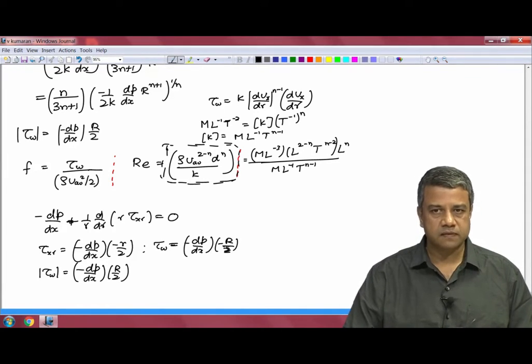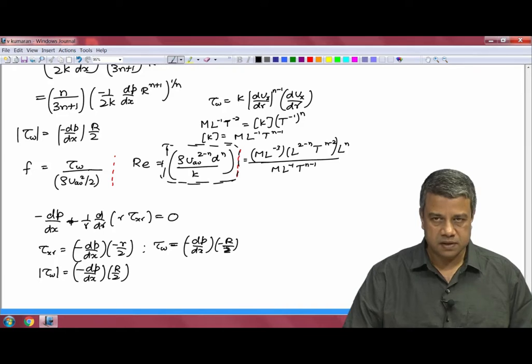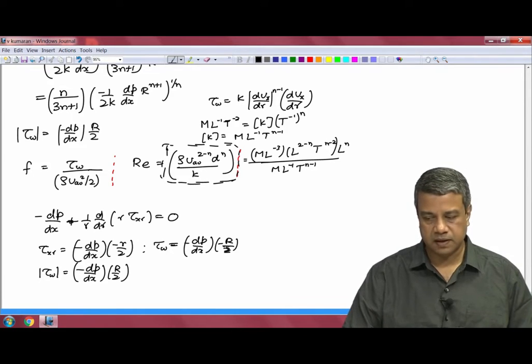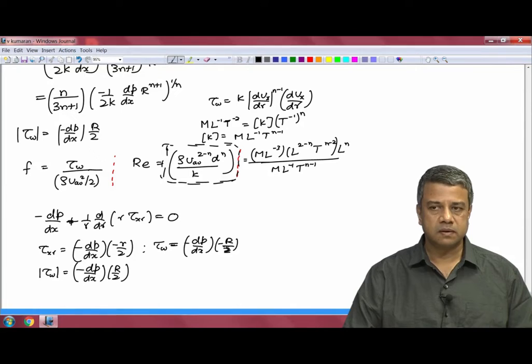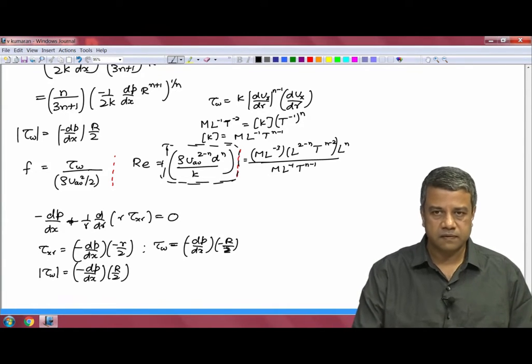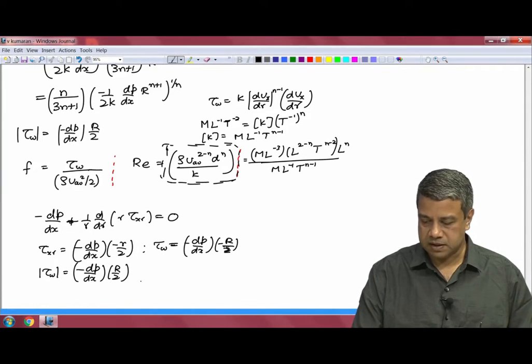And we had solved for the velocity profile, which was a parabolic profile, and then determined the average velocity, which was equal to 1/2 of the maximum velocity, and calculated the friction factor from the relationship between the average velocity and the pressure gradient.